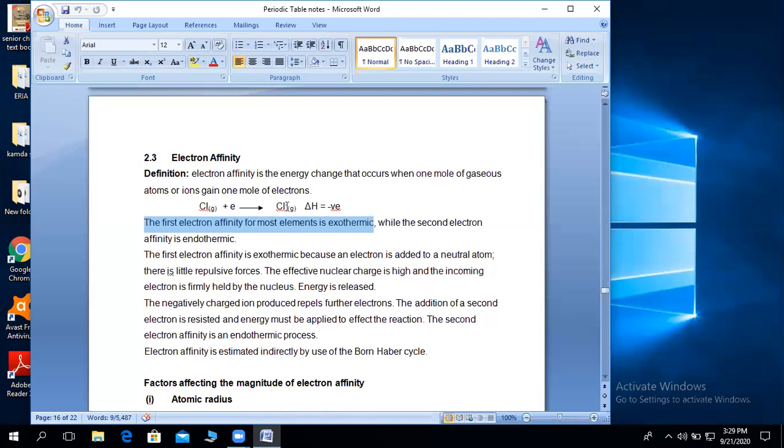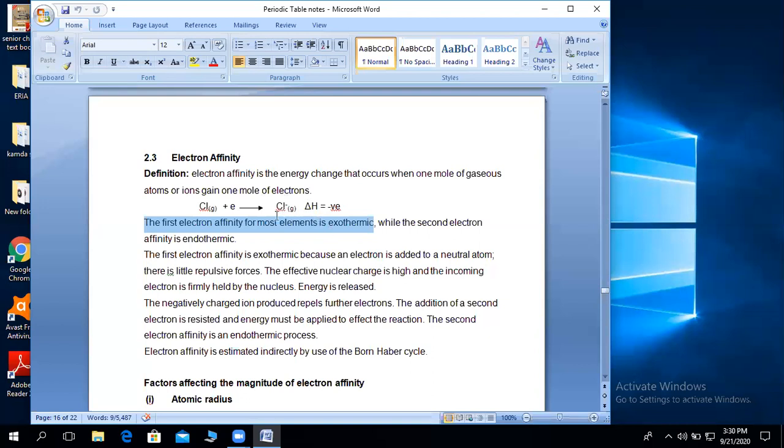Now for second electron affinity, I will have this gaseous ion that has been formed. Then it will also gain another electron, but now the negative charges will be 2. But that does not happen for chlorine. It happens for other atoms like oxygen. Remember, oxygen has 2 negative charges.